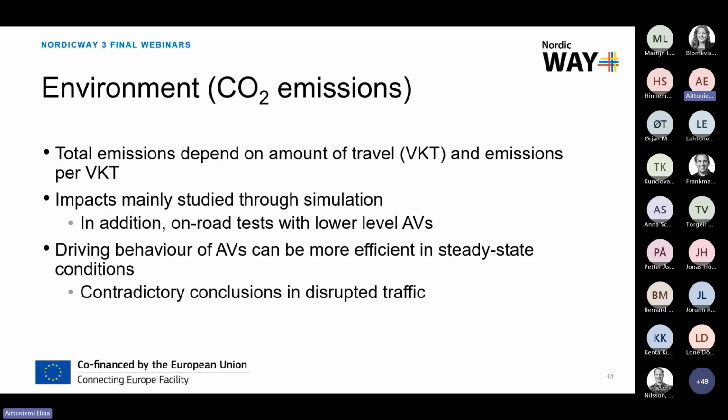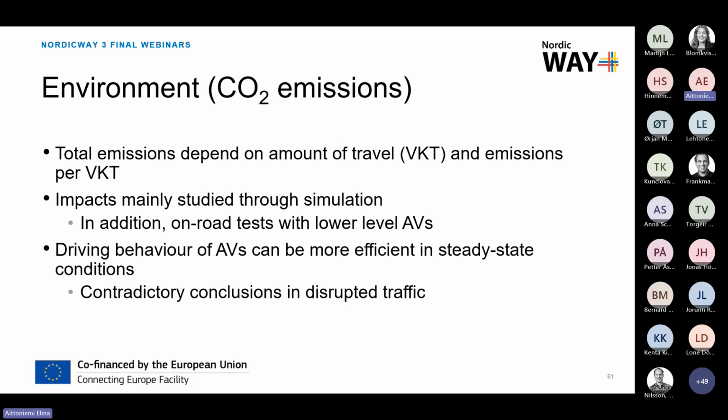Then regarding CO2 emissions, the emissions from road transport depend on the amount of travel, so the vehicle kilometers traveled, and the emissions per VKT, and automation can affect both. And as for traffic flow, the impacts have been mainly studied with simulations, but some on-road or test track studies have also been done with lower level AVs.